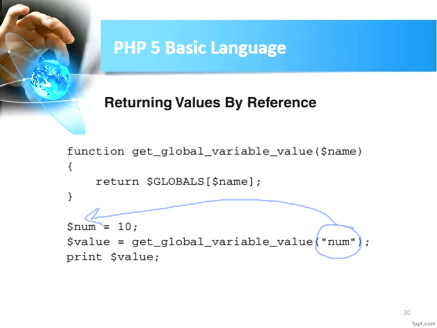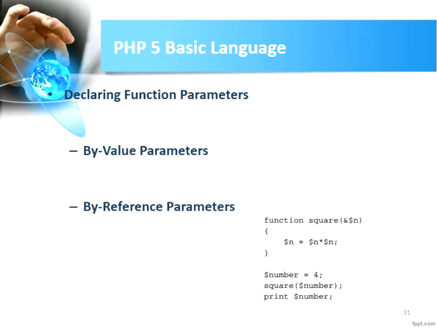So here, for example, if I write return $GLOBALS of name, and here the value equal get global variable new, so new equal 10, so the result will be 10. Here I use globals.